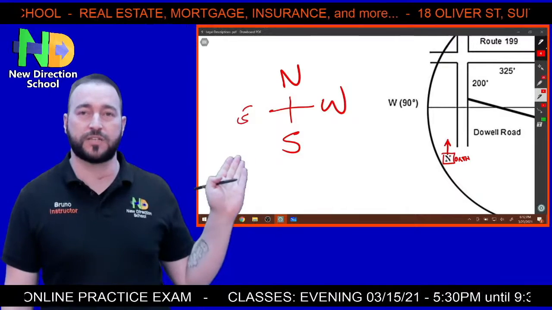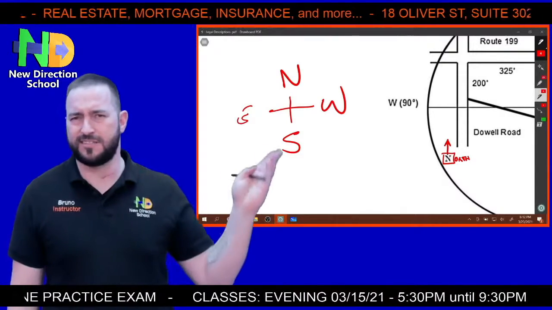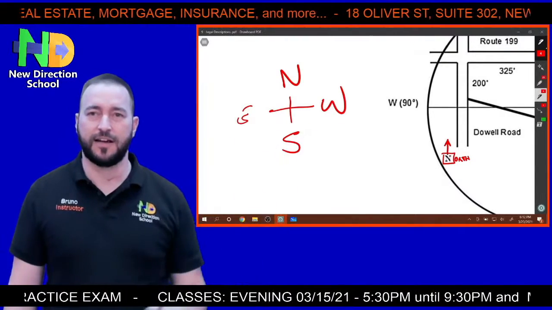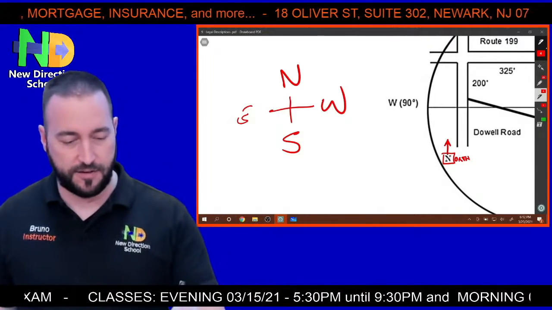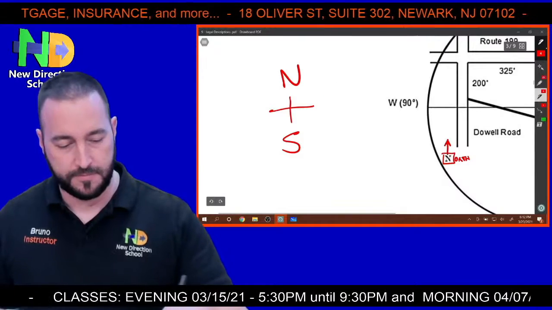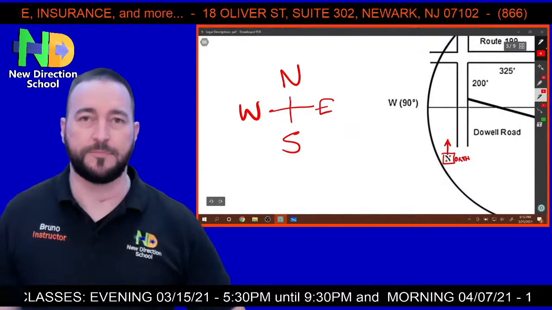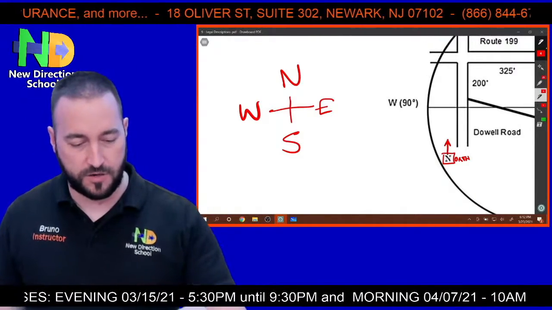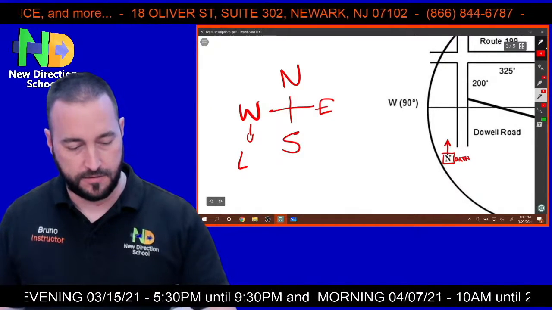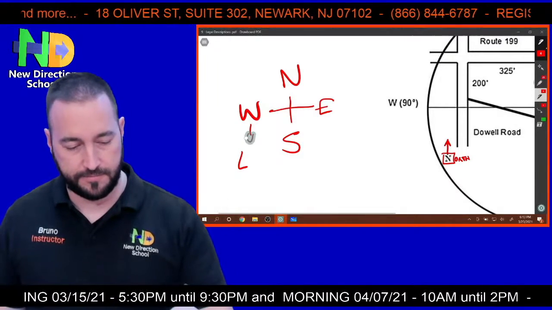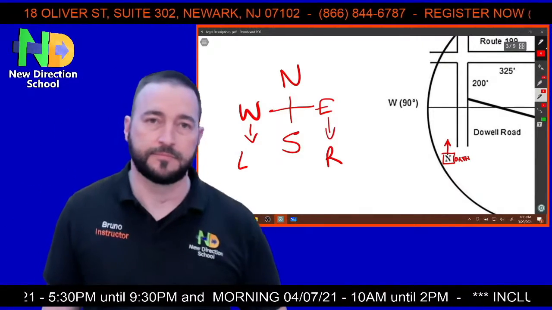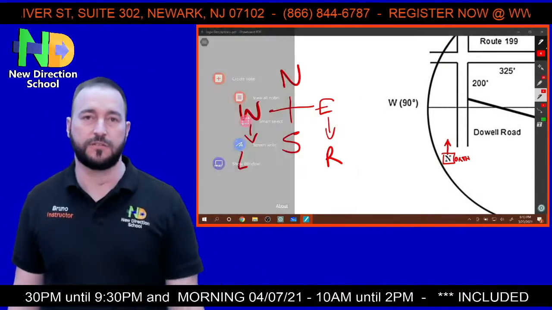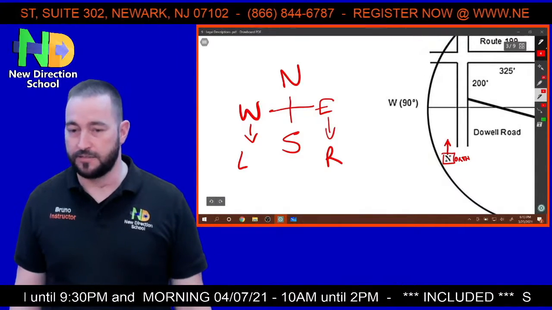So that means that east would come first. But no, it doesn't even sound right. So it's north and south, and west is always left, and east is always to the right. West is always to the left. East is always to the right.